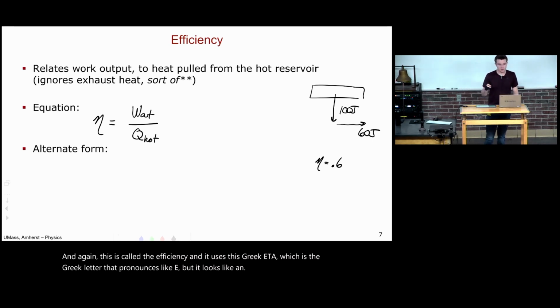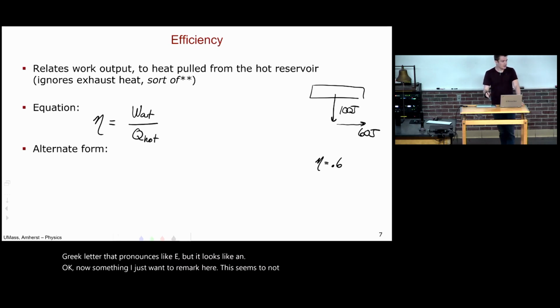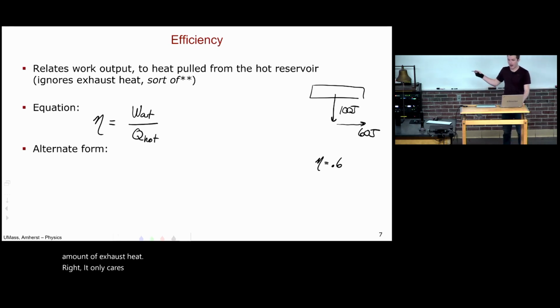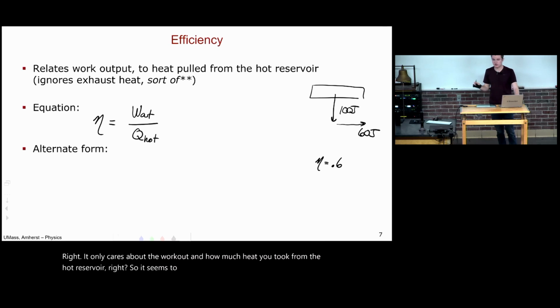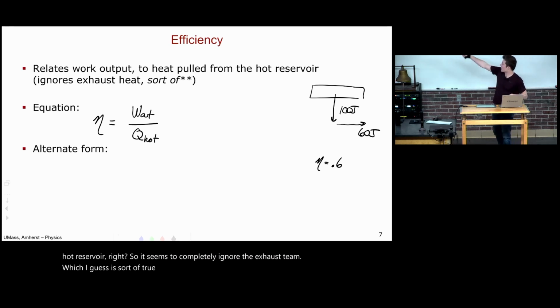Okay, now something I just want to remark here. This seems to not care about the amount of exhaust heat, right? It only cares about the work out and how much heat you took from the hot reservoir. So it seems to completely ignore the exhaust heat, which I guess is sort of true. You just take the work out, divide it by the hot reservoir.